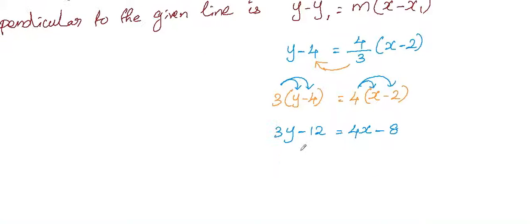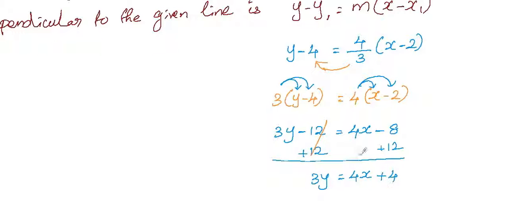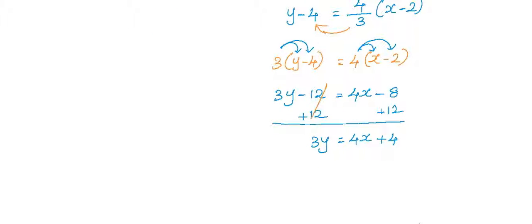Now add 12 on both sides, and we'll get 3y equals 4x plus 4. Now subtract 3y on both sides, so we'll get 4x minus 3y plus 4 equals 0.